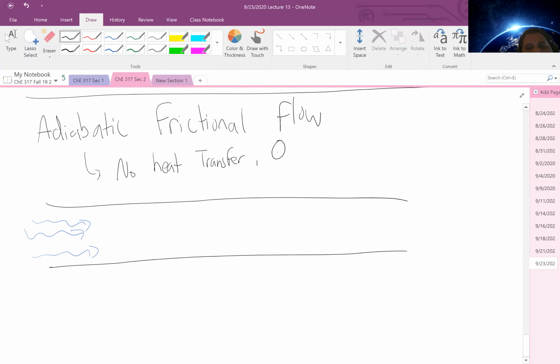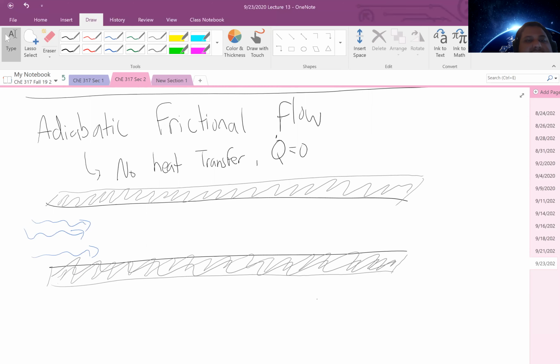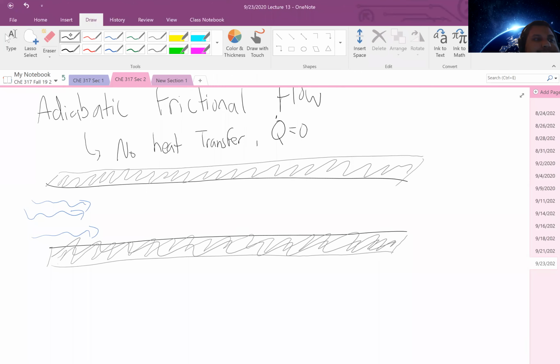or my Q dot equals 0, and I have what's known as an insulated pipe, where I have no heat transfer, or that it's small enough that I can consider it negligible. However, I still have friction in my system.